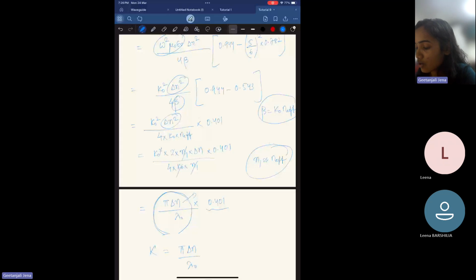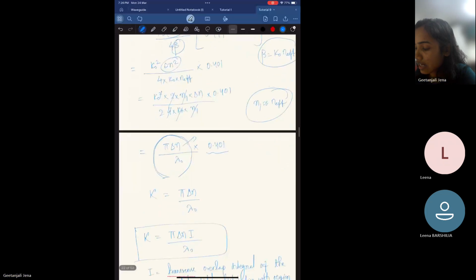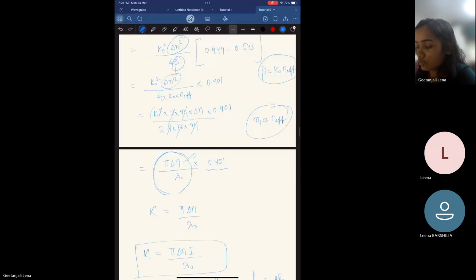So now we have the expression k0 delta n over 2 multiplied by 0.401. And if you simplify it further by taking 2 pi over lambda for k0, this will come around pi delta n over lambda 0. So is it clear now?